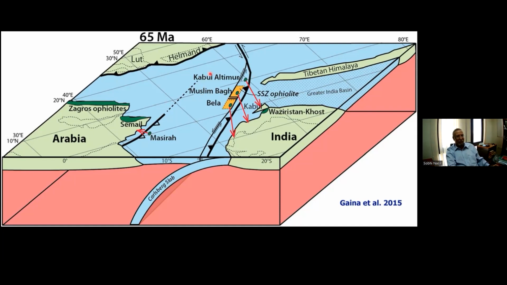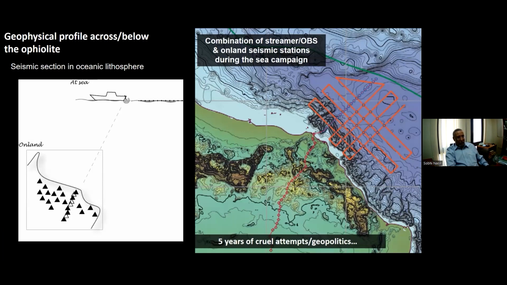And here we have the different Ophiolites related to subduction zone in Muslim Bagh, Bela, and all these Ophiolites are related to a subduction zone environment, while the Masirah is related to a typical mid-ocean ridge environment.